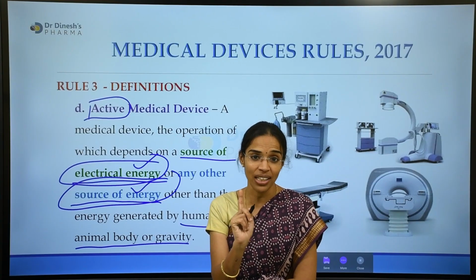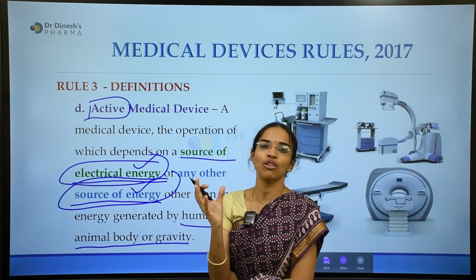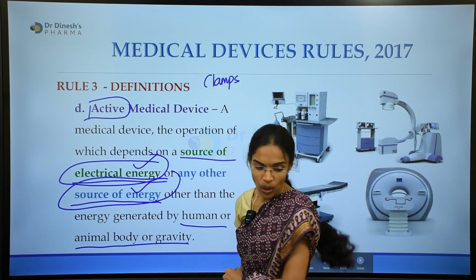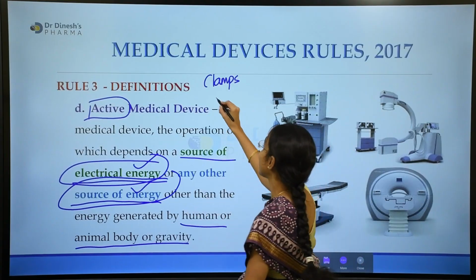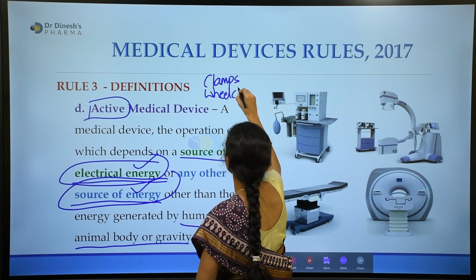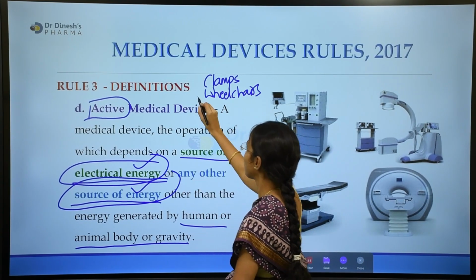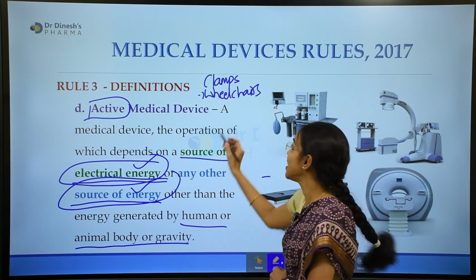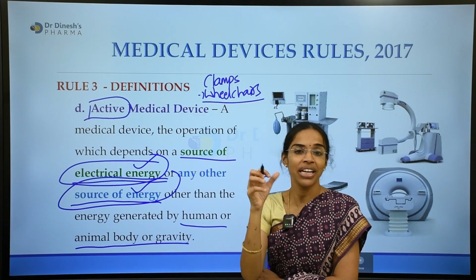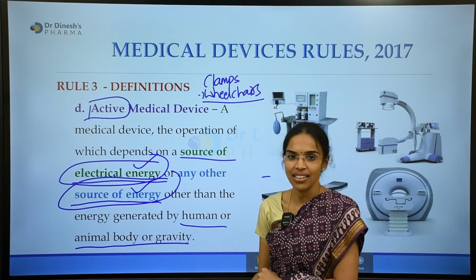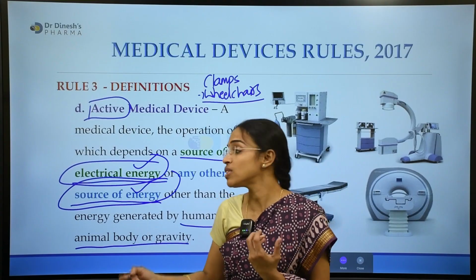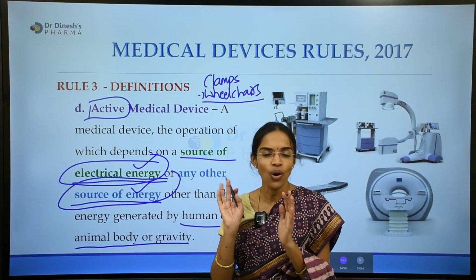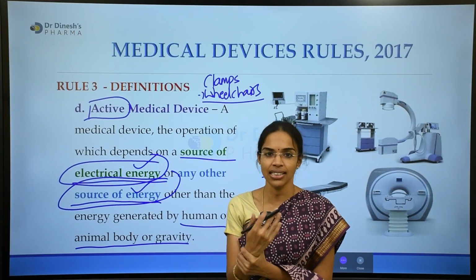It is very important. Non-active medical devices are things like certain clamps and wheelchairs. A very clear example of a non-active medical device is a wheelchair or a medicinal clamp. There are wheelchairs which use a certain source of energy, and they can be categorized under active medical devices.